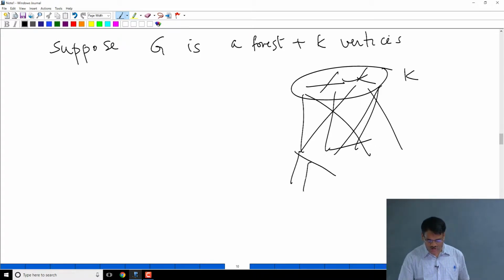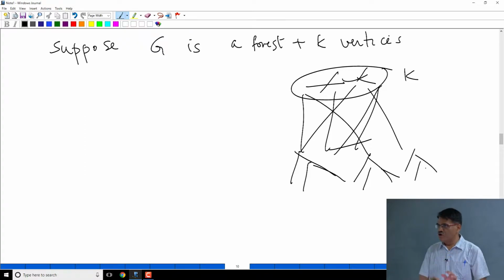So then what you have is suppose a tree like this, right. If you delete these k vertices, what you get is a forest. Each possible combination of the k vertices, each subset of the k vertices. Okay, let us try. What do we do? So now we want to solve, okay, can we hope to solve it in polynomial time? Polynomial in n and k? No, every graph is forest plus k vertices.